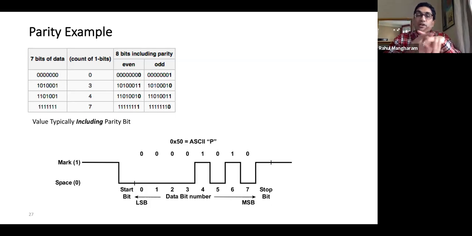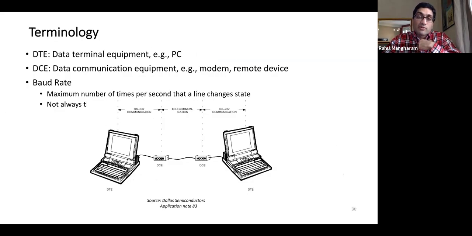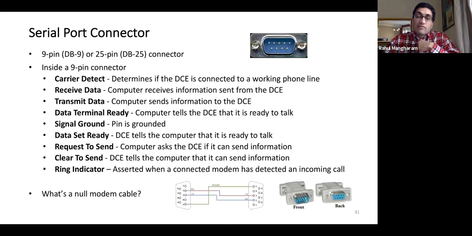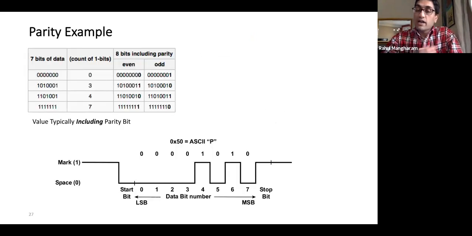But then you say, okay, how about I give you a two-way parity? I think we'll do that when we come to wireless. We have a two-way parity, and then you would have polynomials, different ways of computing parity bits that are not just a single bit, but many bits.